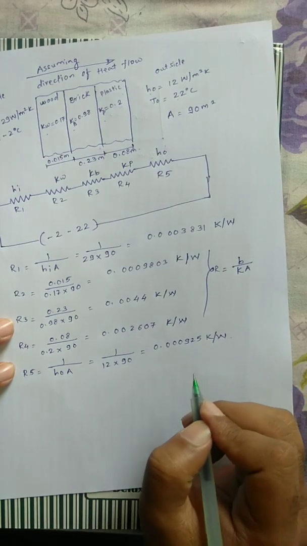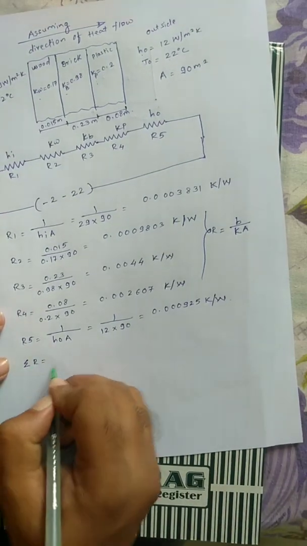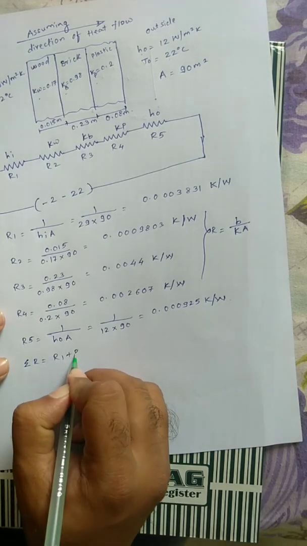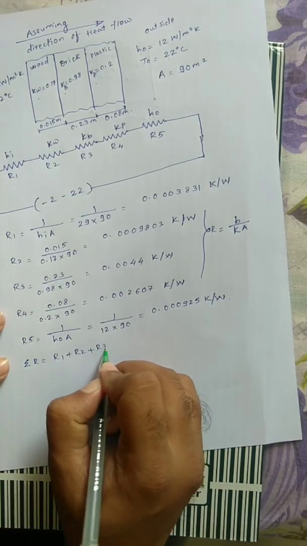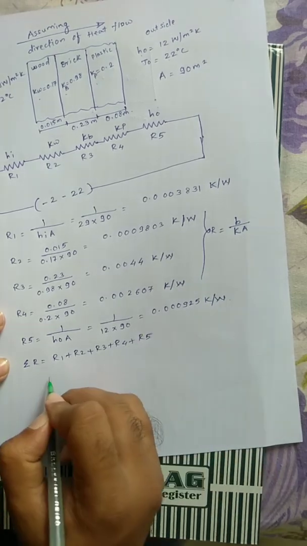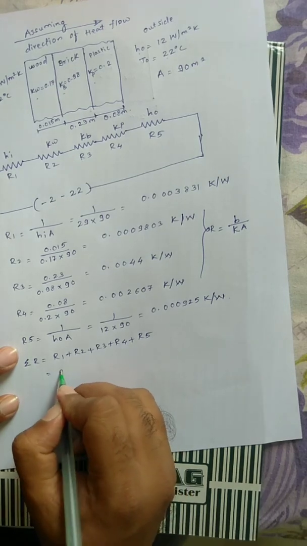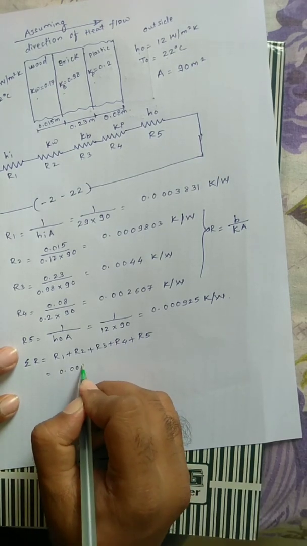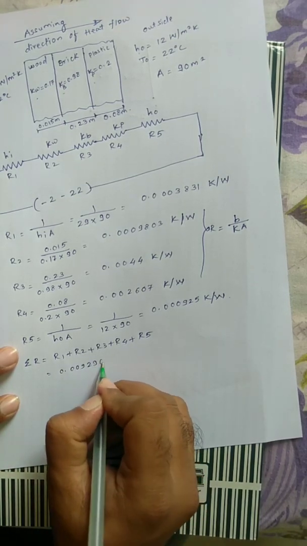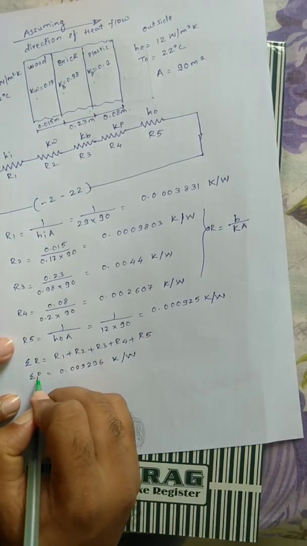Kelvin per watt. Therefore, total resistance will be equal to R1 plus R2 plus R3 plus R4 plus R5, and you need to add this total resistance. You are going to get 0.009296 Kelvin per watt as your total resistance.